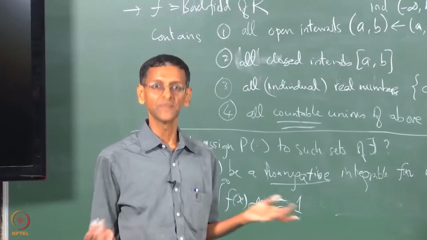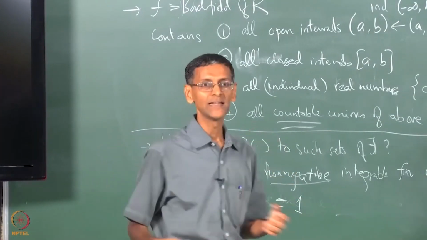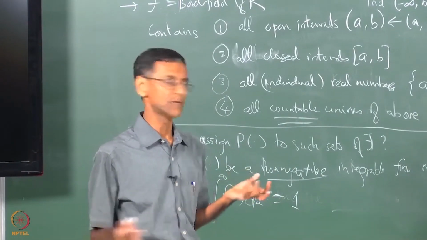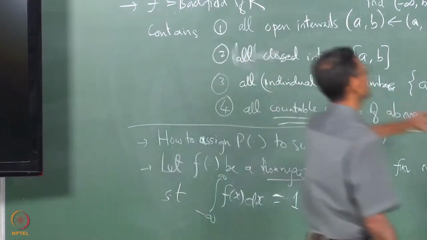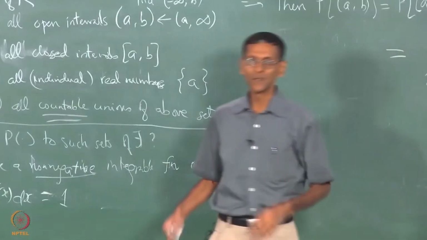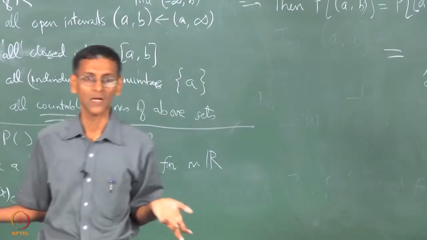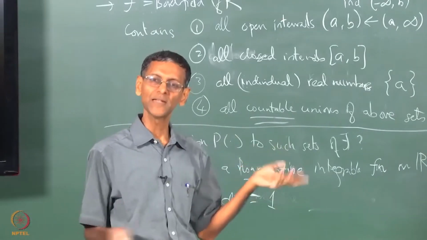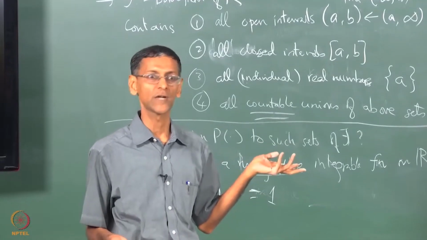But the integral is additive, right? If you integrate over AB and then integrate over CD and add, it's like integrating over the two intervals. Or supposing you say A to B and B to C, for example, it's the same as integrating from A to C, is it not? So the additivity property is automatically satisfied for disjoint intervals.